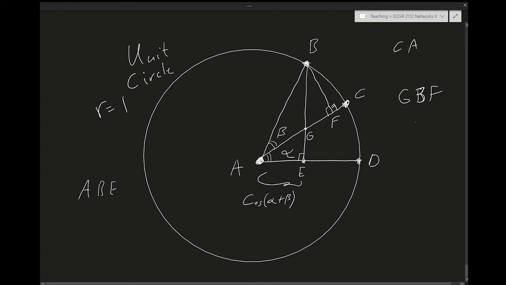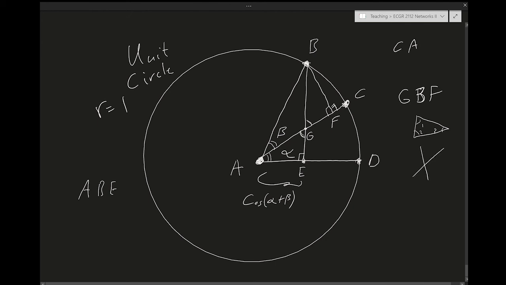One basic property of all triangles is that the sum of the angles 1, 2, 3, so angle 1 plus angle 2 plus angle 3, is always equal to 180 degrees. Right? That's a basic property in geometry. So if this angle, we know this angle equals this angle, right? That's also a basic property in geometry.